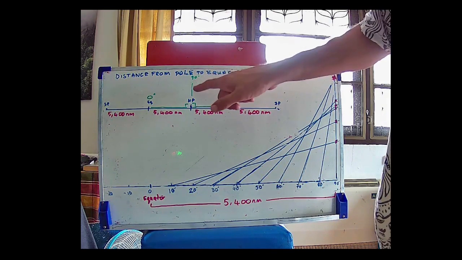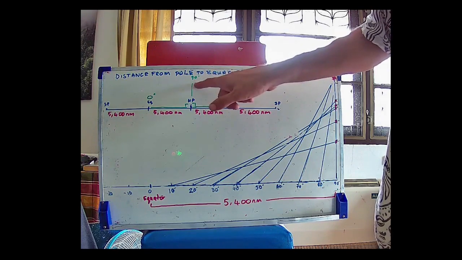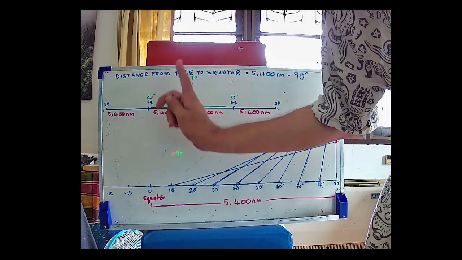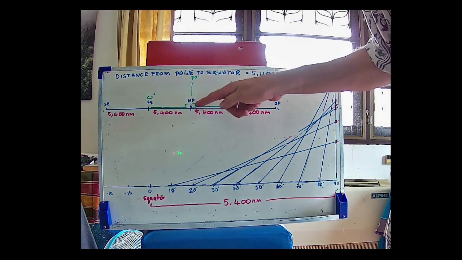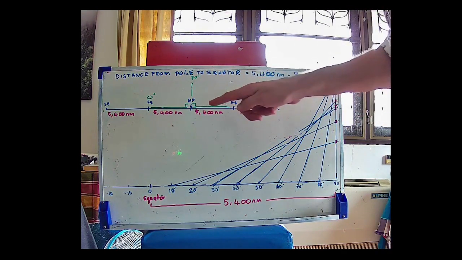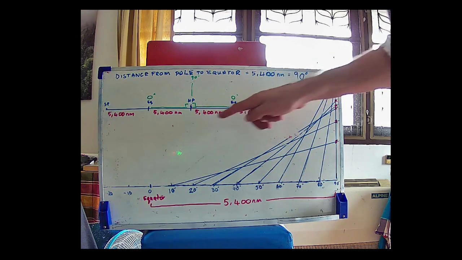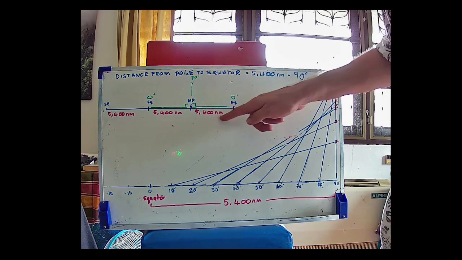Okay, so what we have here is the North Pole is referred to as 90 degrees, because if you were under the North Pole, you'd be looking up 90 degrees relative to your horizontal along your level Earth. Okay, and that horizontal distance to the equator is 5,400 nautical miles.